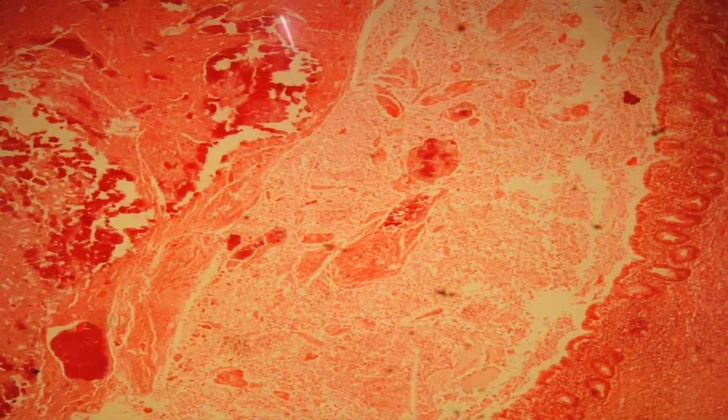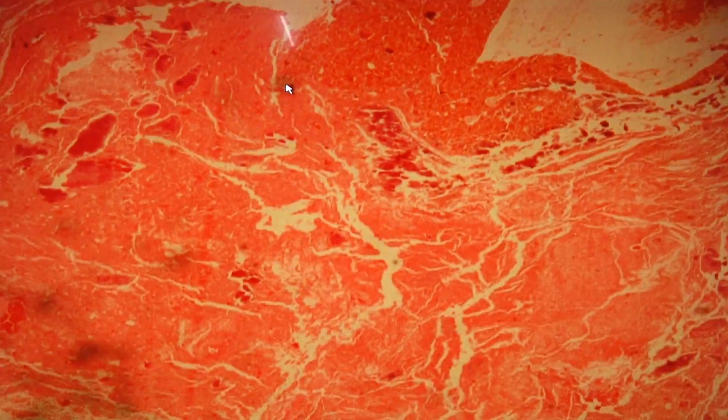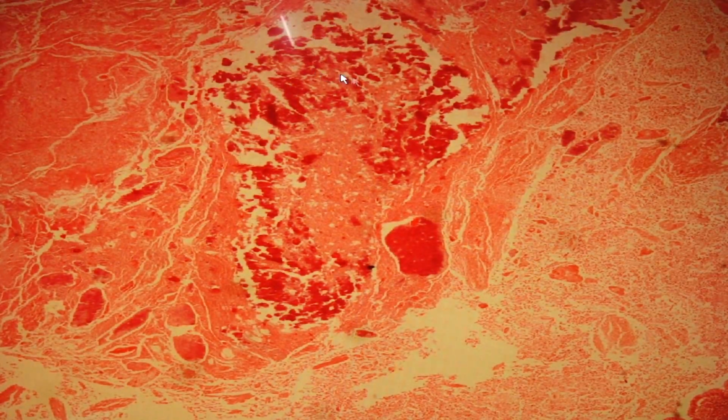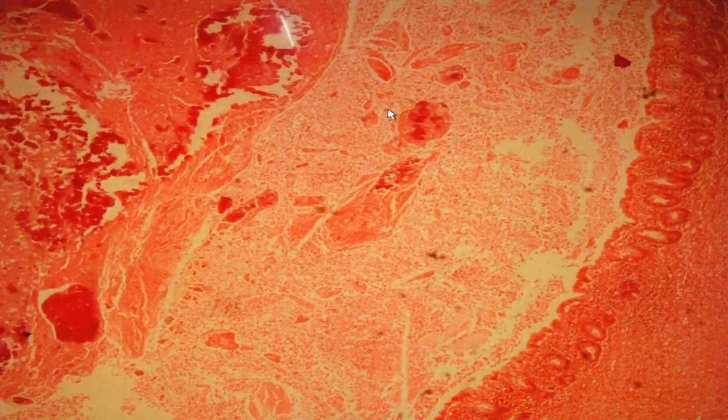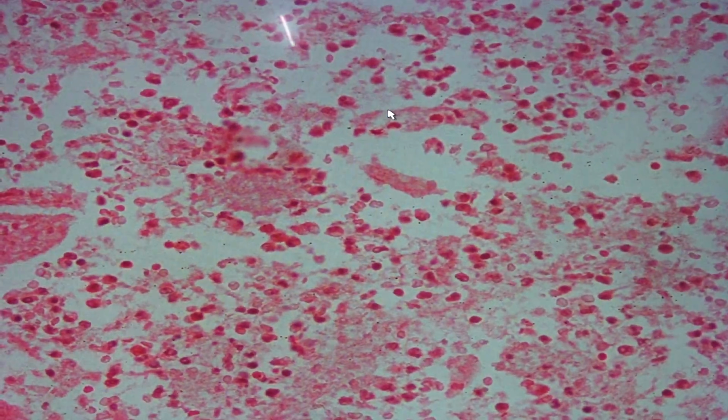You can see the central lumen has a lot of contents. We have here red blood cells, amorphous debris, I think these are food particles. You would also see a lot of inflammatory cells there. So you have segmenters.